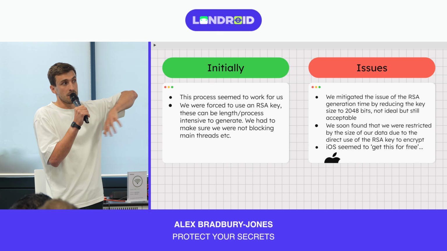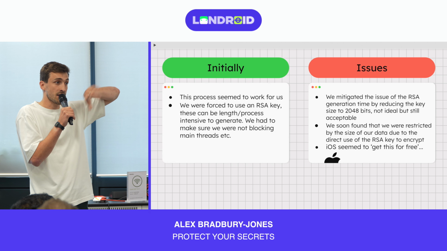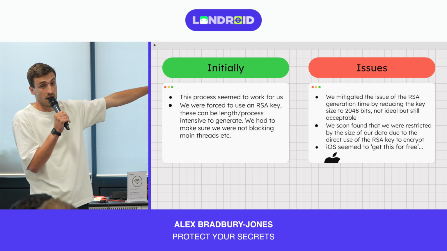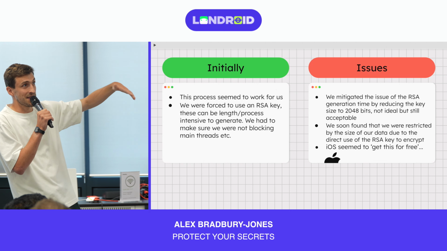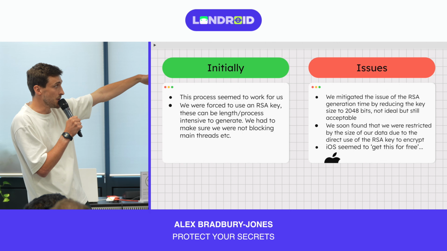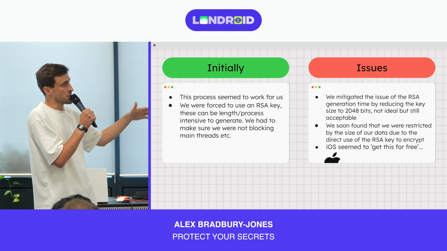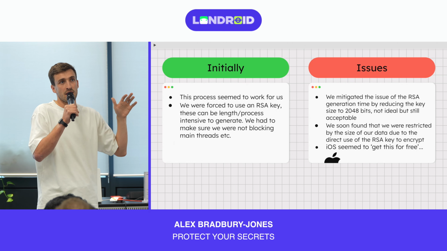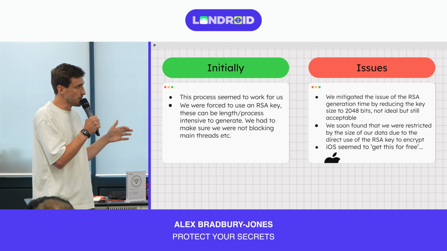The size of the thing you can encrypt scales linearly with the size of the RSA key, and the bigger the RSA key, the more difficult it gets to use and generate it. So we ran into some issues where we couldn't encrypt large things like JWTs. So we had to go a little bit back to the drawing board.